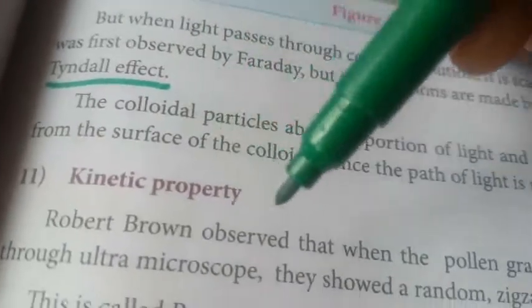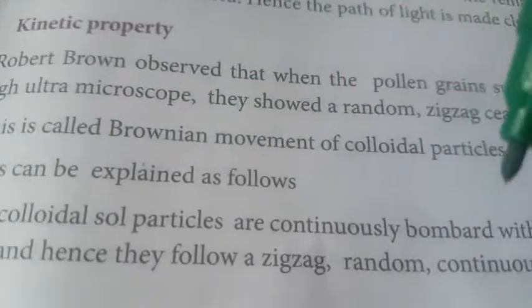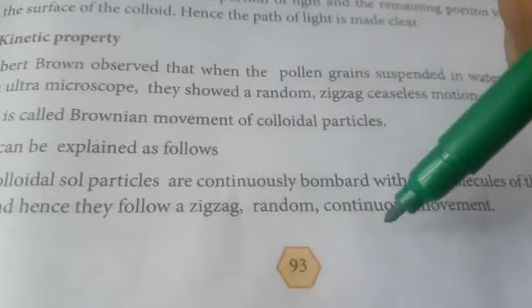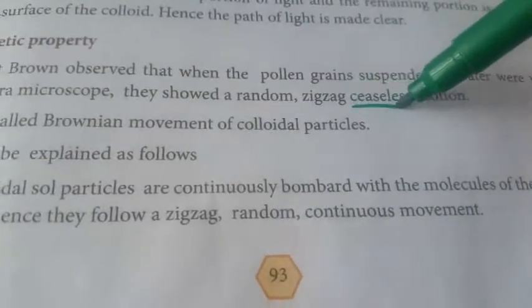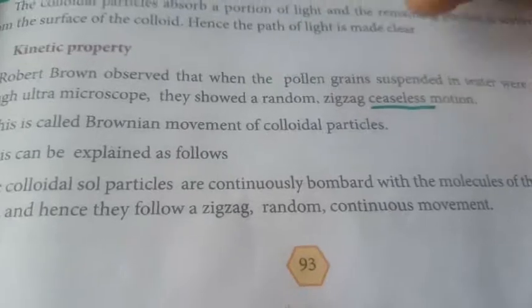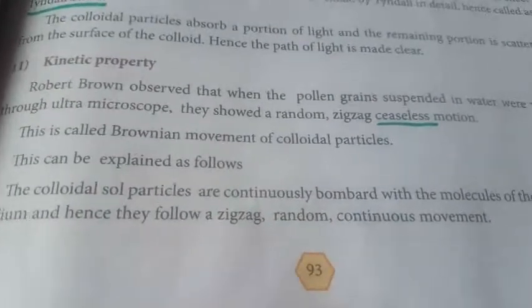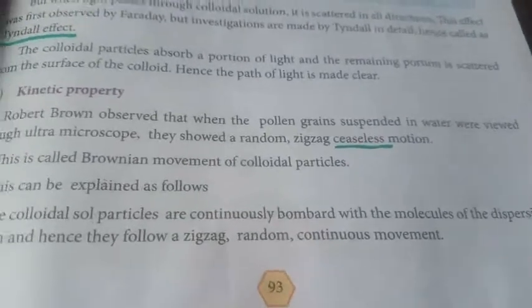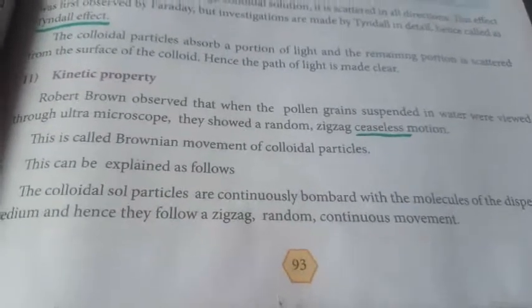Another one is the kinetic property. Suppose the colloidal solution contains some colloids. When light is passed through it continuously, the particles are bombarded by the molecules of the medium, and hence they follow a zigzag, random, continuous movement, ceaseless and non-stop. So when a light passes through a colloidal solution, the particles move randomly in a zigzag way continuously.